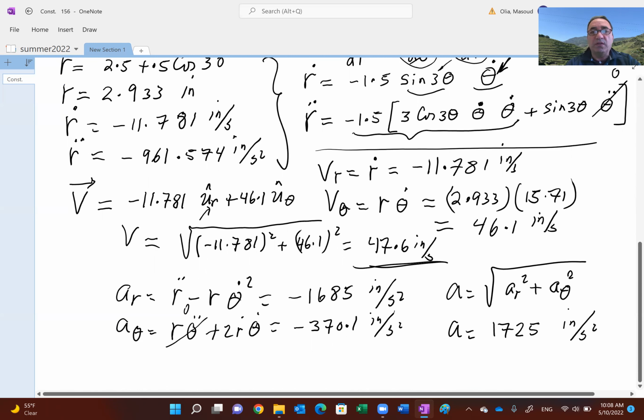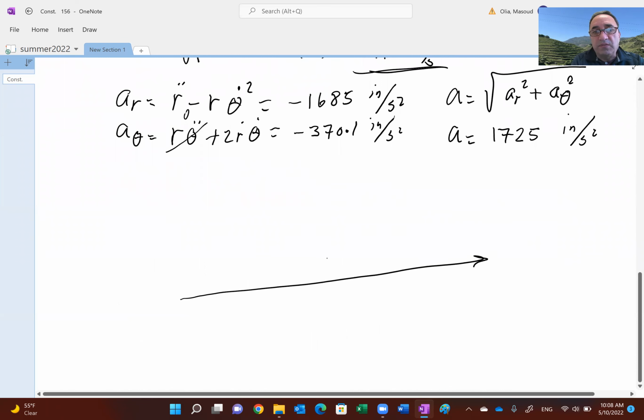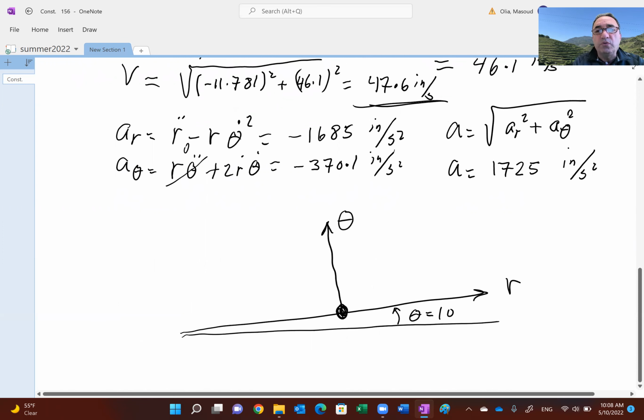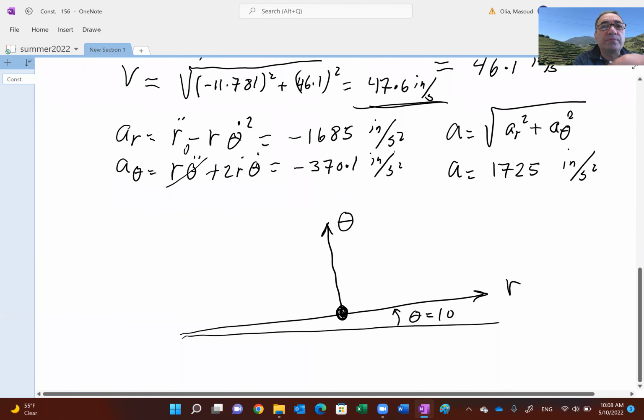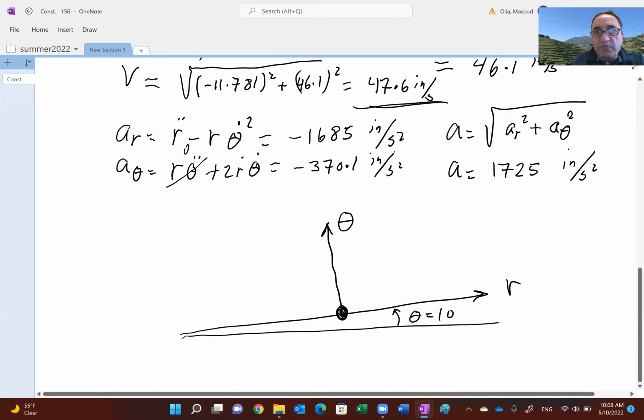So again, just to give you an idea. If this is our radial axis, remember this is the 10 degrees, so this is more like it. And this is where the follower is. This is our theta axis. And what I just determined for you is, if I could draw this with a different color, the radial component happens to be much larger. So let's say this is your 1685, and see how it's pointing in the negative direction. Remember, this is positive R. And negative theta is also here.